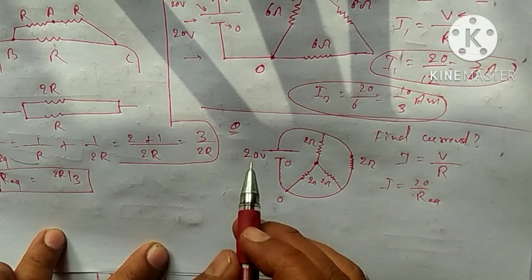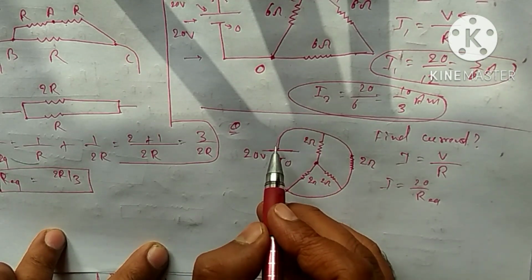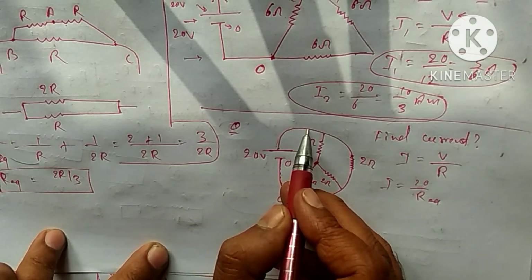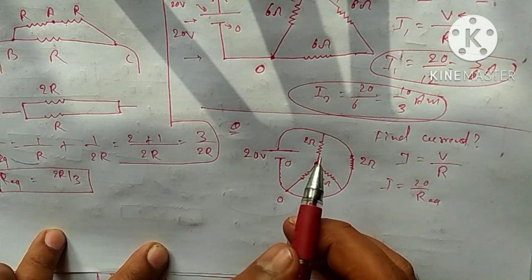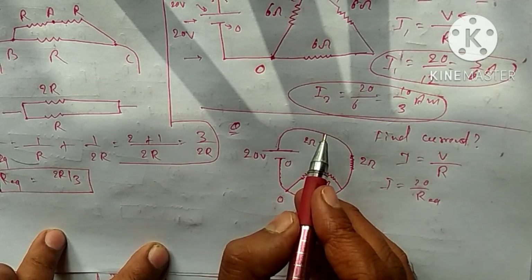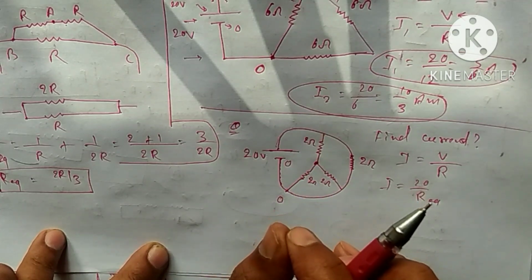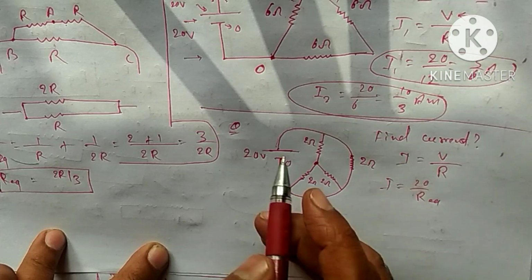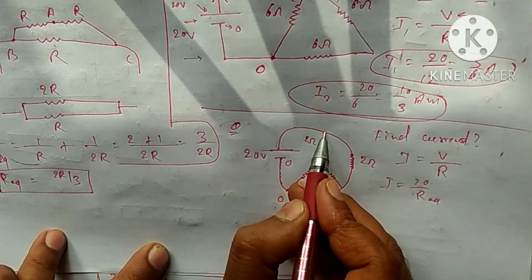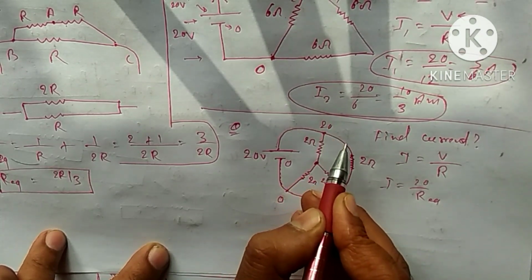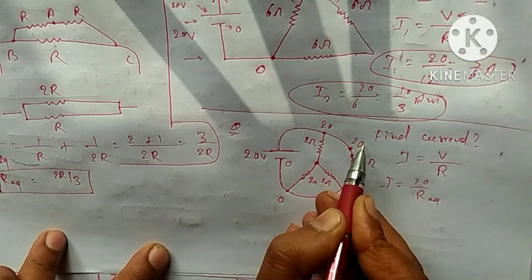In the path of the wire, unless some other resistance comes, we can consider no drop in the potential difference. So here we can also consider 20 volt, and here also 20 volt.